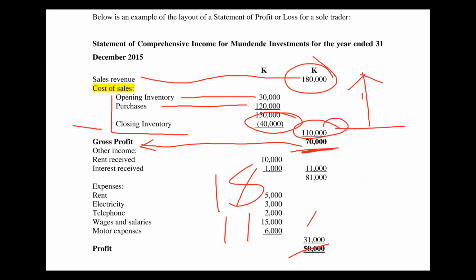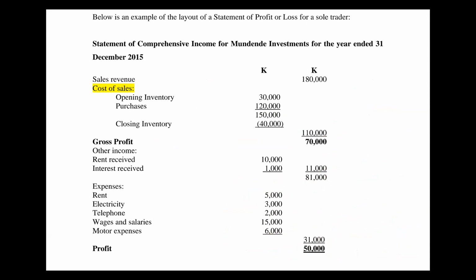Now that you have made the gross profit, to the gross profit you will add the other what? The other income. The other incomes will include things like rent received. You receive a rent, not you pay a rent, by the way. Things like the interest you receive, and the discount you have received.